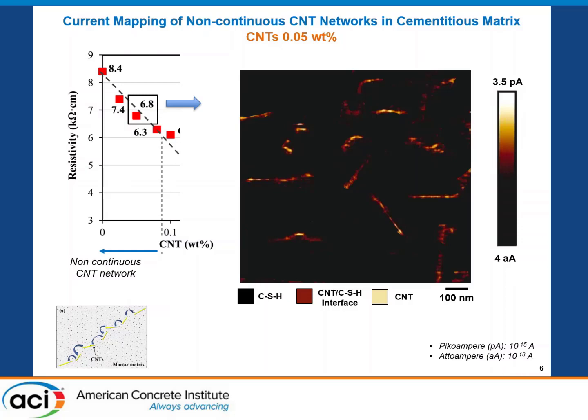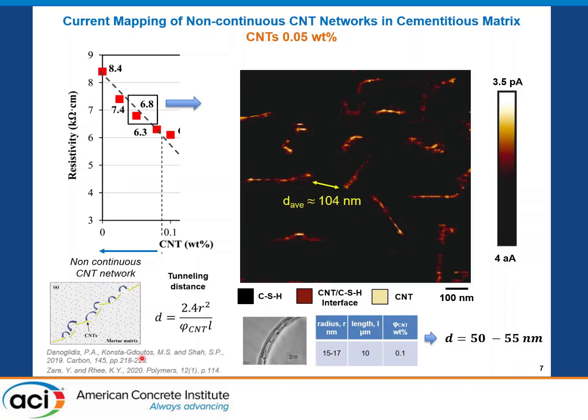And actually, what we see in this picture are individual nanotubes uniformly dispersed in the cementitious matrix, but with some distances between them. And this is the so-called electron hopping.